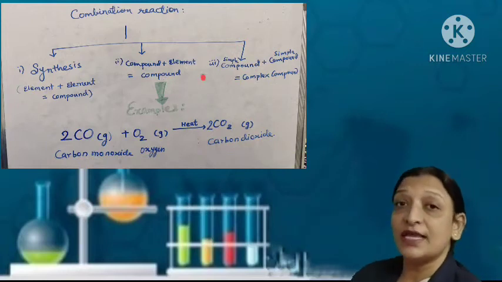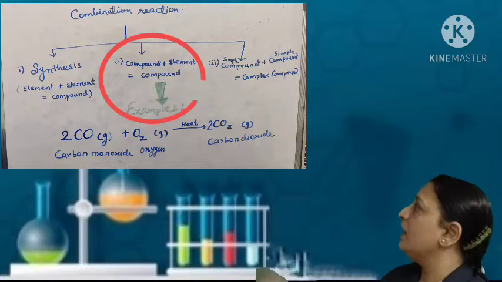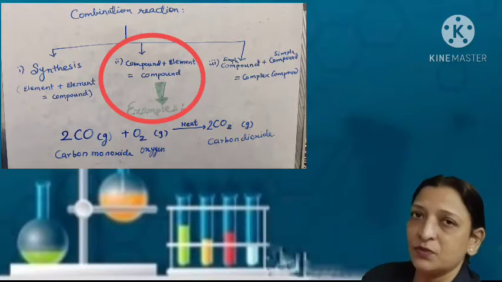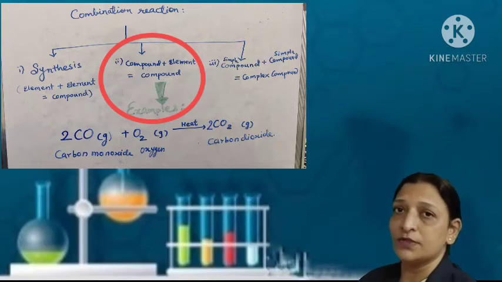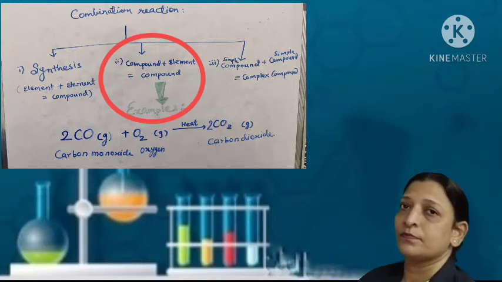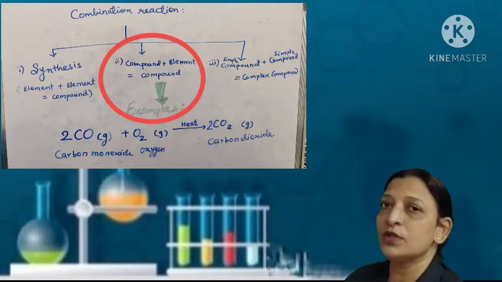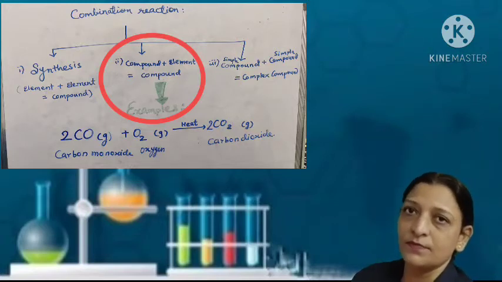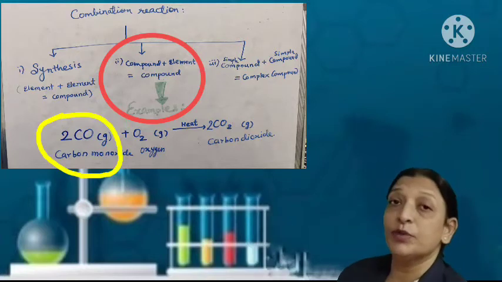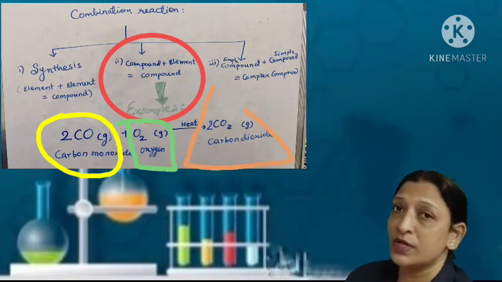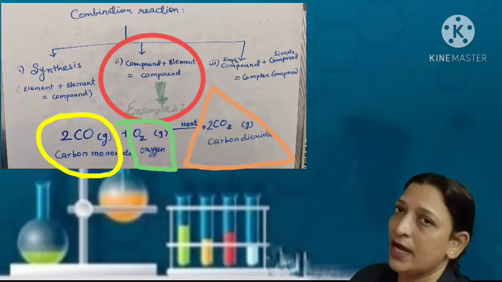Here, in the second type of combination reaction, you can observe that when a compound reacts with an element, a single product is formed. And these types of reactions are also combination reactions. For example, when carbon monoxide burns in air, it reacts with oxygen and gives the product carbon dioxide.